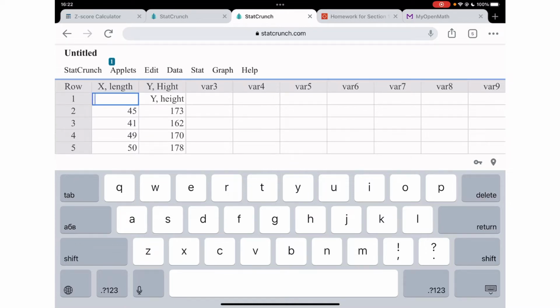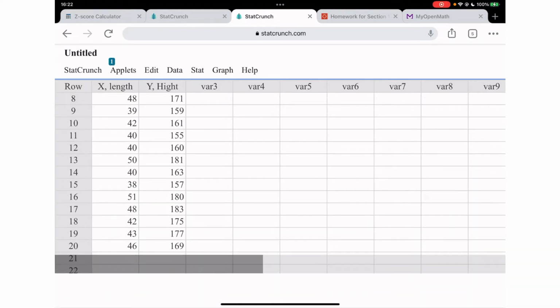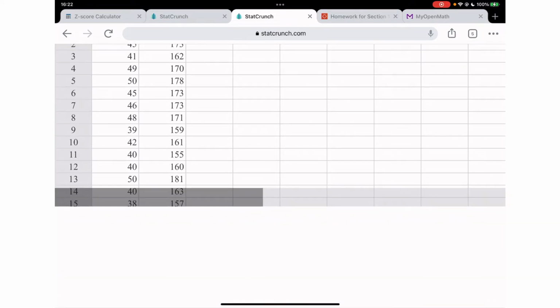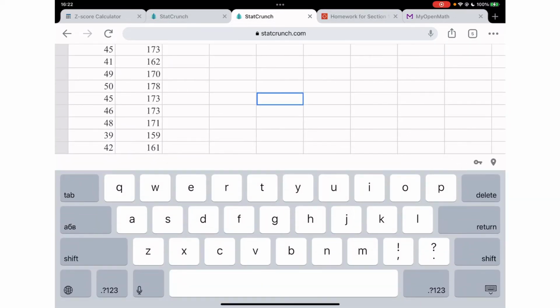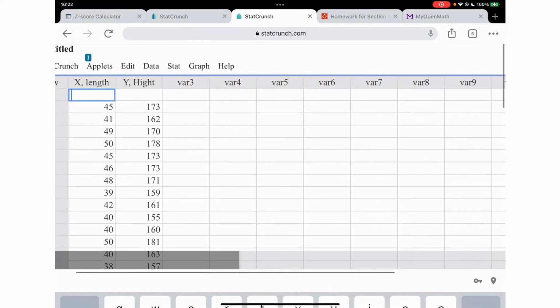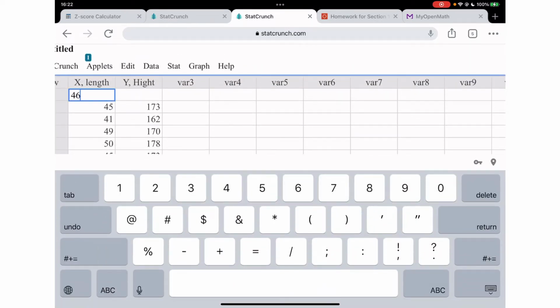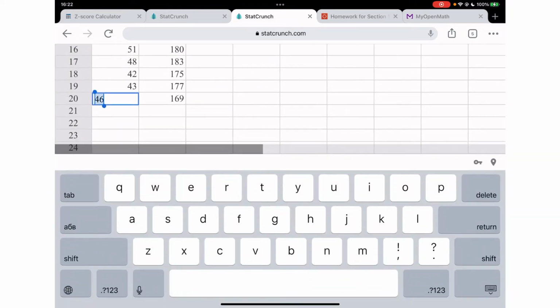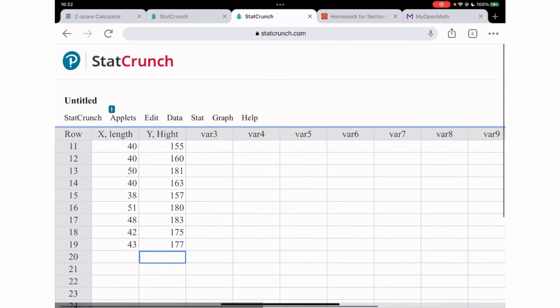I'm going to clean these two so there won't be duplicates. There we go. Let's start working.